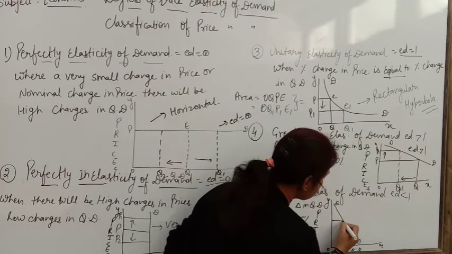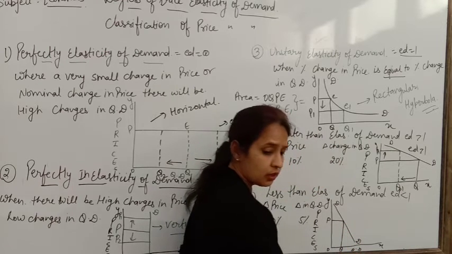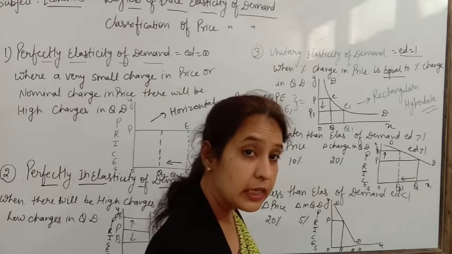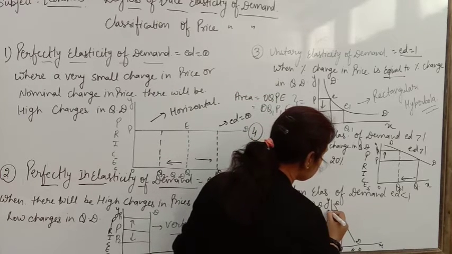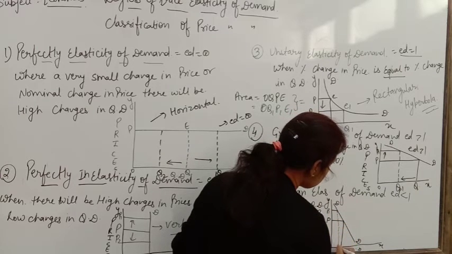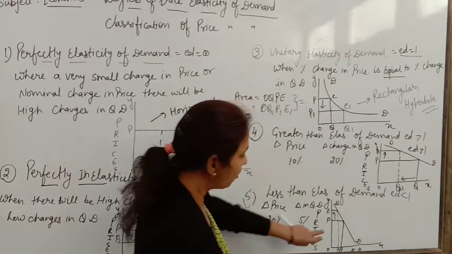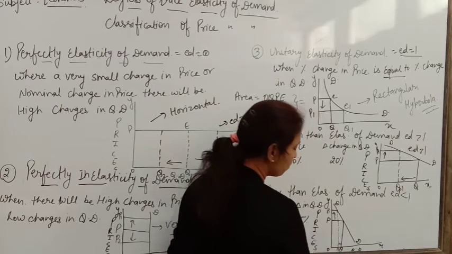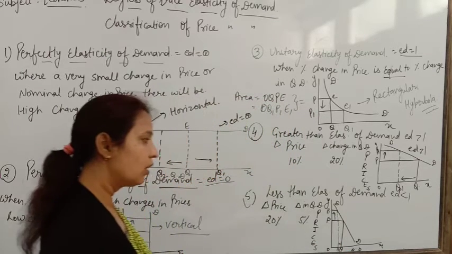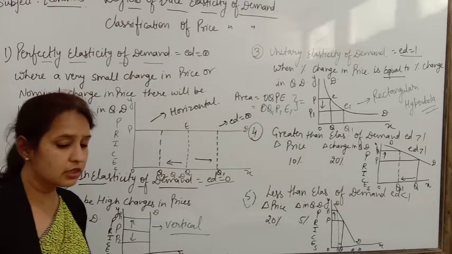Look at there, the price is OP, demand is OQ. Clear? Now if price increases from OP to OP1, quantity demanded changes from OQ to OQ1. Clear? You can say the price changes higher from OP to OP1, but quantity demanded decreases from OQ to OQ1, that is lower. Clear? That kind of elasticity is known as less than one elasticity of demand.